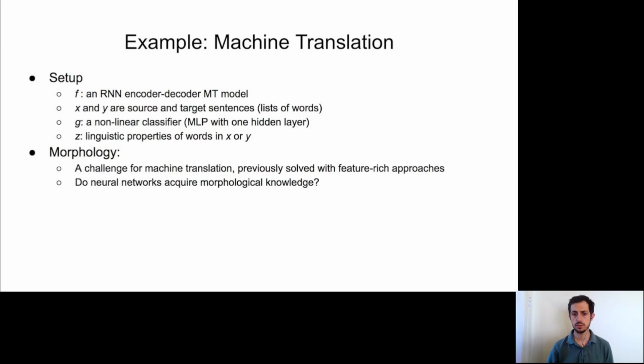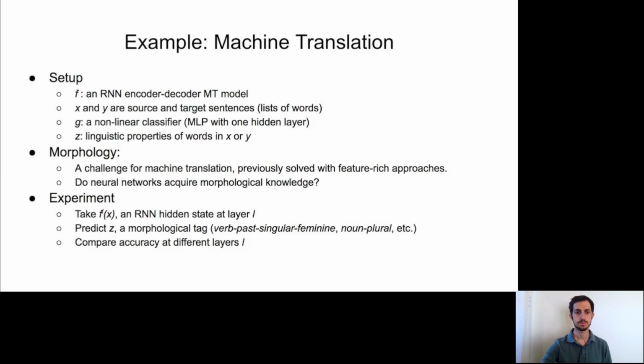Before we continue with that, it's worth noting that the choice of which features or which properties to study depends also on the task that you're analyzing or investigating. So we know morphology is a problem for machine translation, and we might be interested in understanding how a neural MT model solves it.